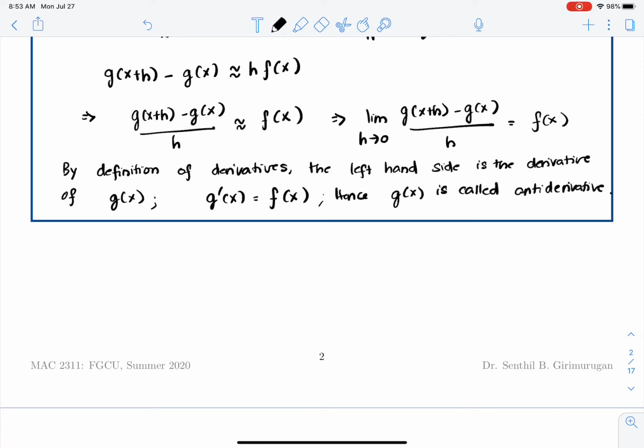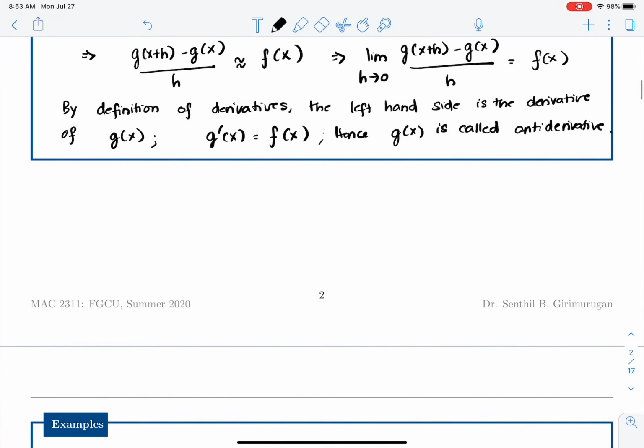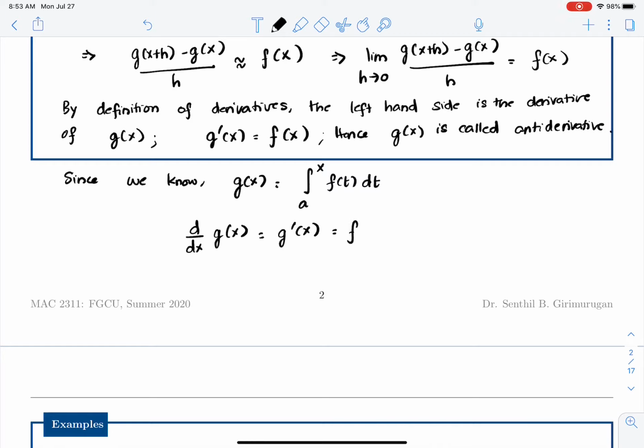So another way to write it, we know that g of x is integral a to x f of t dt, d over dx of g of x is simply g prime of x, which would equal d over dx of integral a to x f of t dt, and that would equal f of x from our previous argument.